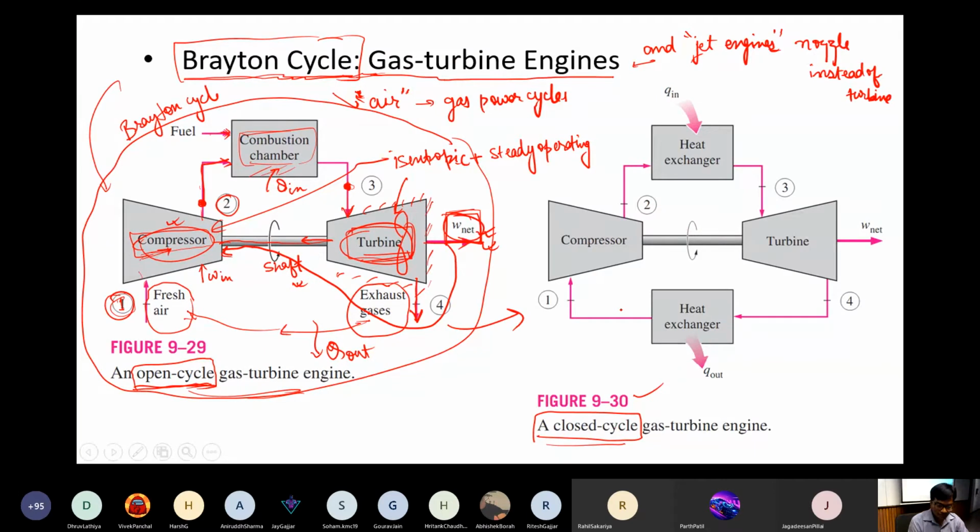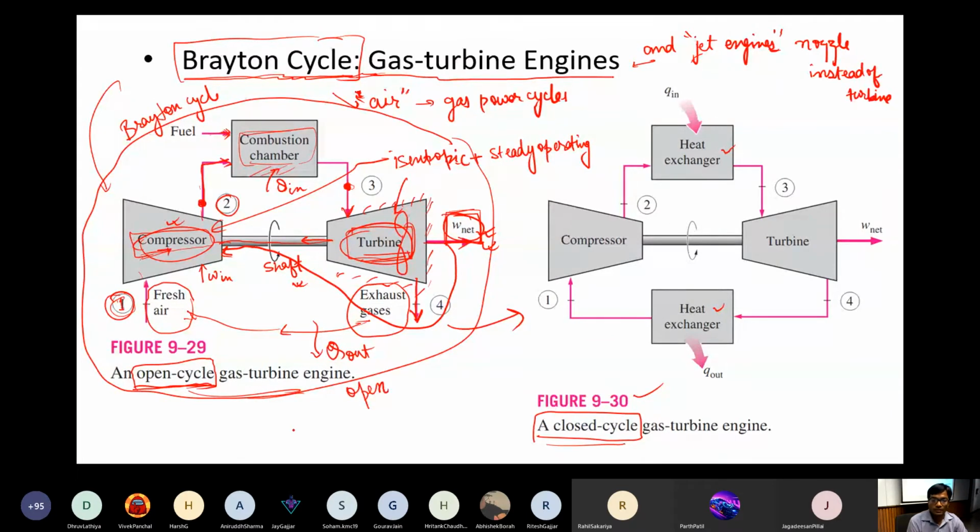This closed cycle is again similar to what the open cycle would look like, except there are two more components in order to make it a complete cycle. In this, your working fluid works in a closed manner, whereas here it takes in fluid and releases it out to the environment in an open manner.